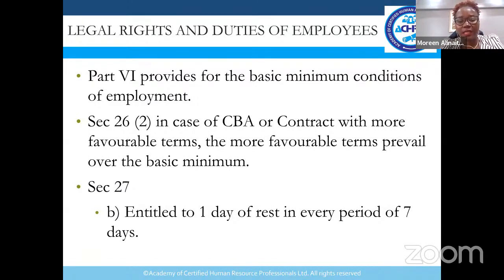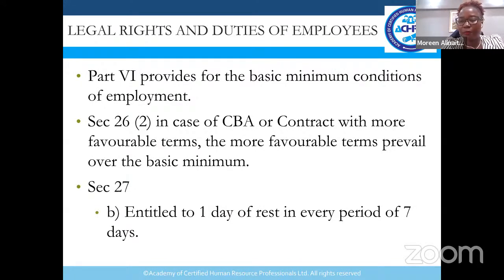So whatever we're going to discuss here is the bare minimum. If you have terms that are better than the bare minimum, then you have to follow those terms. You cannot go back and say the Employment Act provides for this, but I gave you a higher salary, so I'm going to reduce the salary and follow what is provided for in the Employment Act.